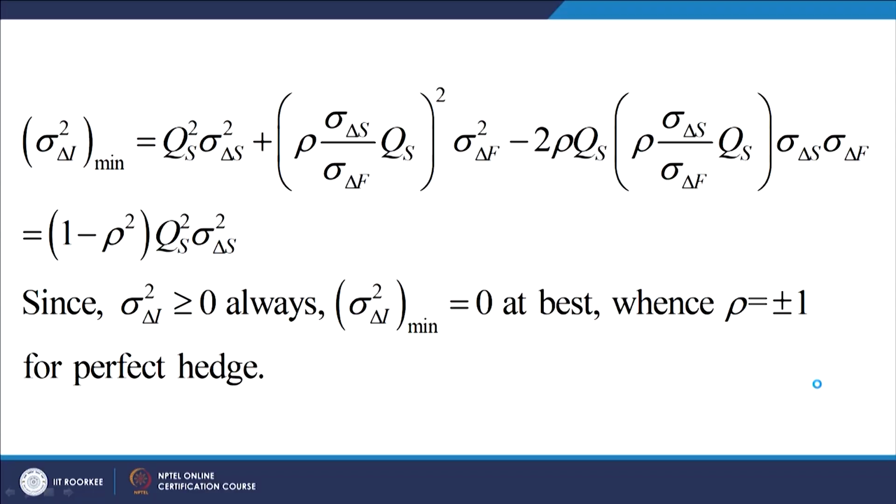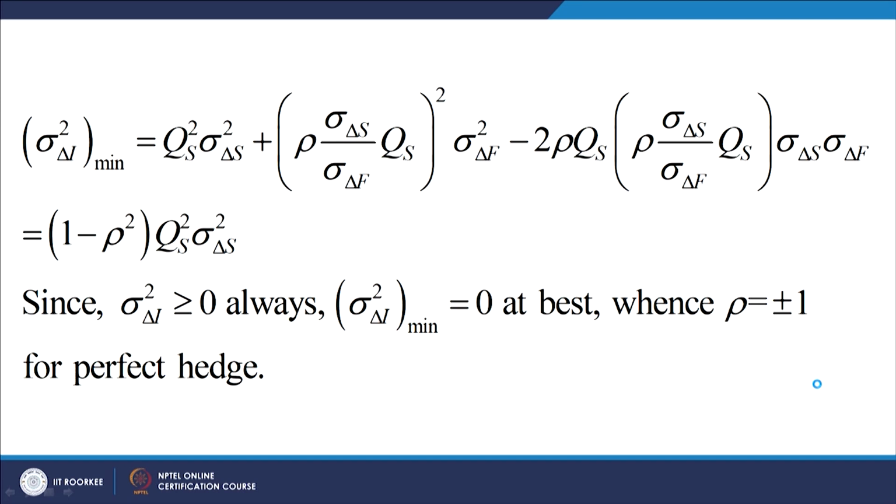We also concluded that for the ideal or perfect hedge, we should have a correlation of plus or minus 1 between the changes in prices in the spot market and changes in prices in the futures market.